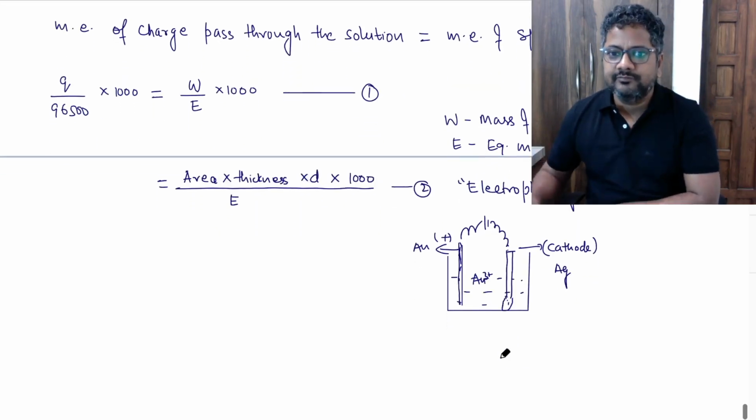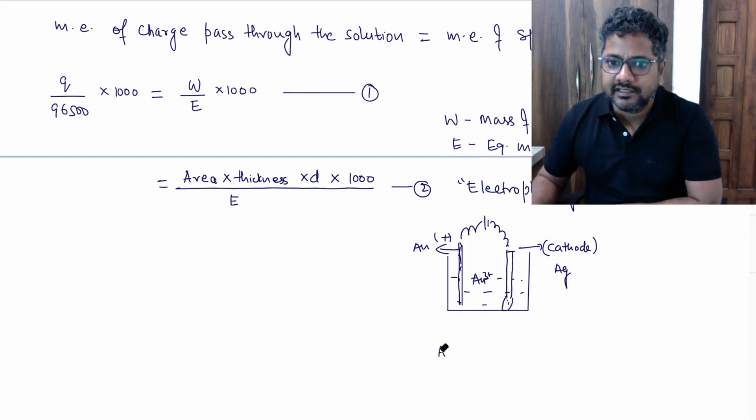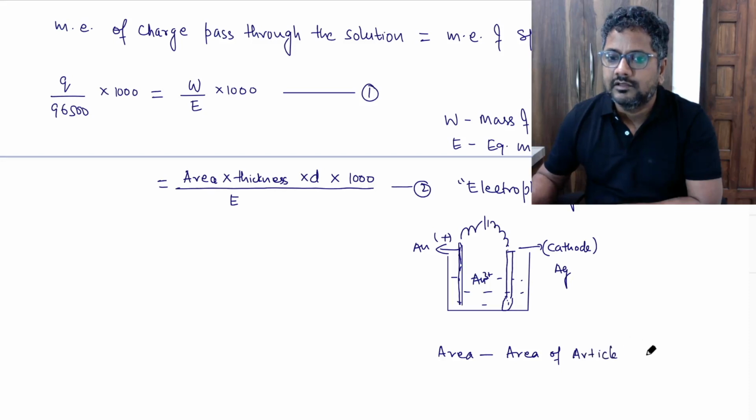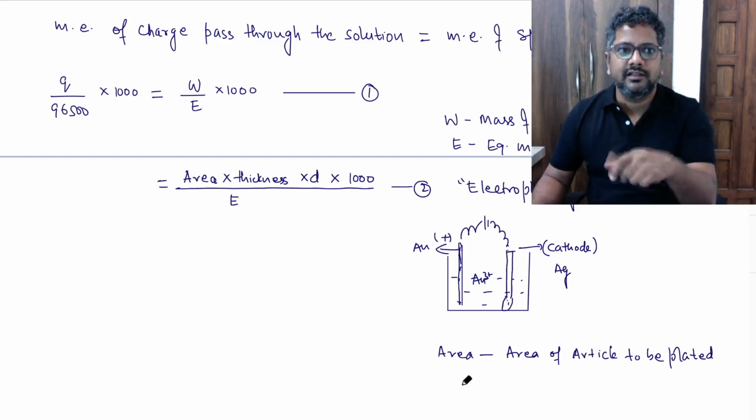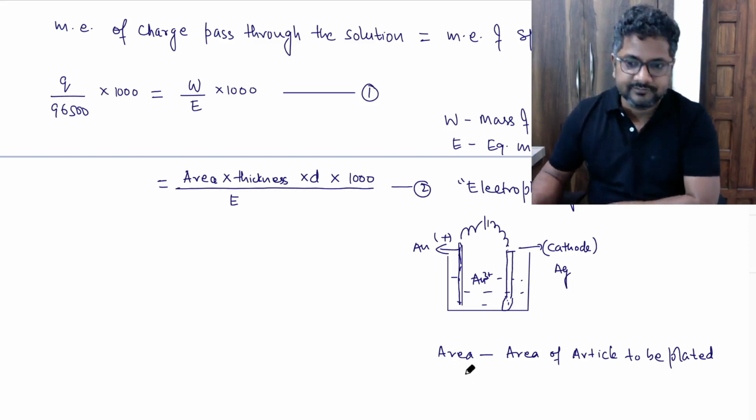So what is the area here? Area is the area of the article to be plated. Thickness is how thick a layer of gold you want to plate.